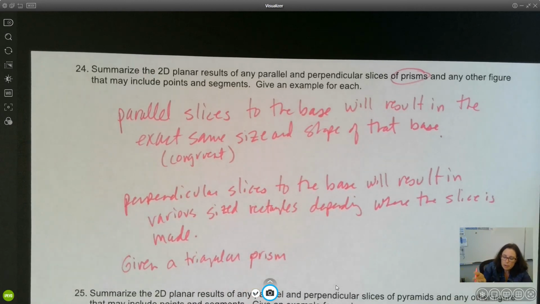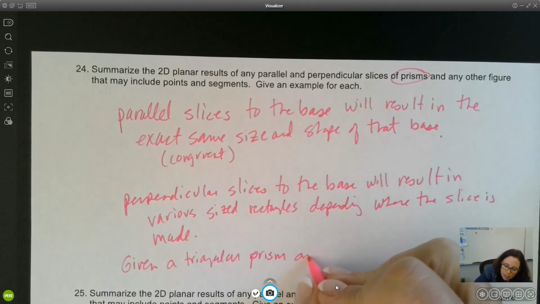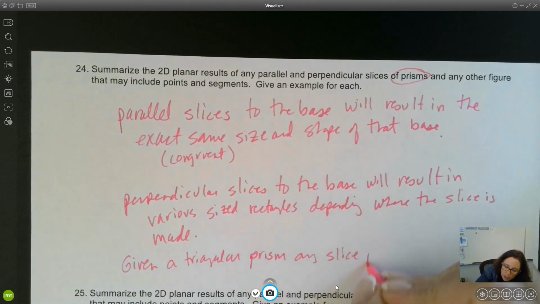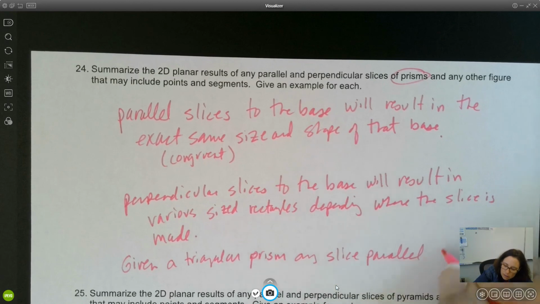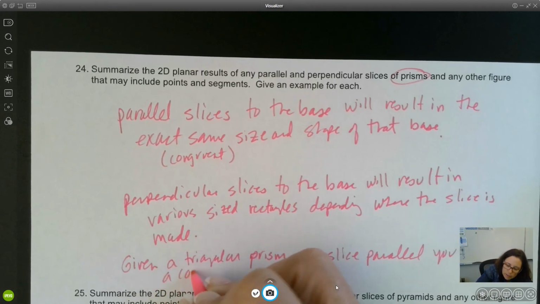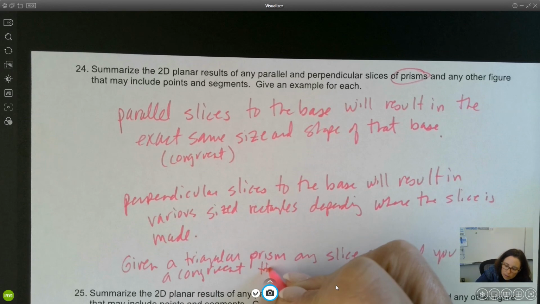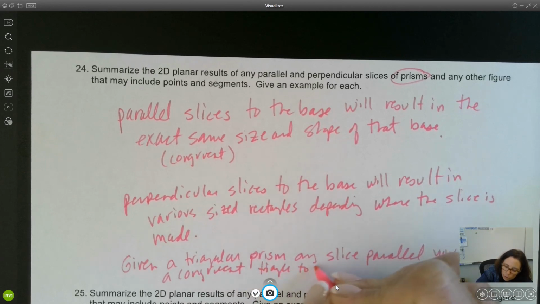any slice parallel, you're going to have a triangle. Any slice parallel, you will have a congruent triangle to the base.